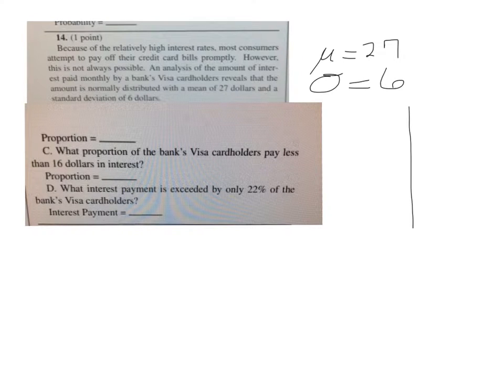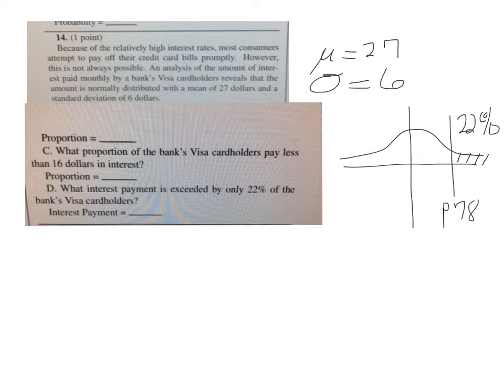So what that means again is if we go back to our normal curve, what we're looking for is this 22% to the right of the line. So 22%. And so basically that is P78, isn't it? So you've got 78% on this side of the line, and then plus 22 would make 100.